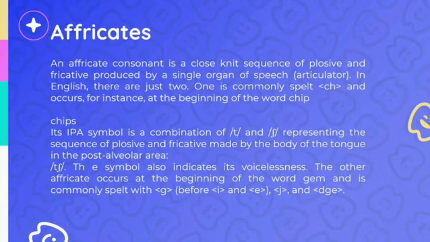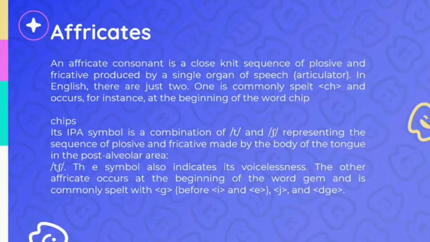Its IPA symbol is a combination of t and sh, representing the sequence of plosive and fricative made by the body of the tongue in the post-alveolar area. The symbol also indicates its voicelessness.